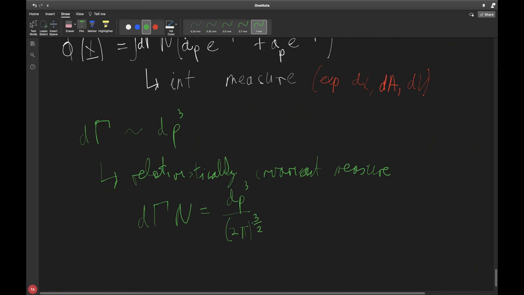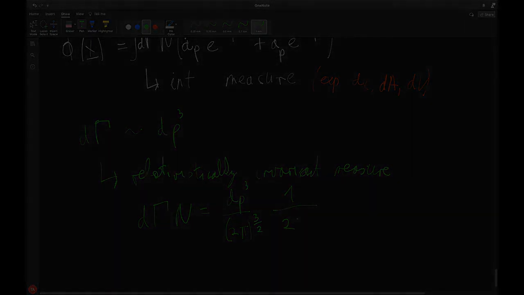All of these numbers could depend on how you introduce them. And you have 1 over 2 times the energy corresponding to that p momentum under the square root, so to the 1/2 power. So this is the integration measure.